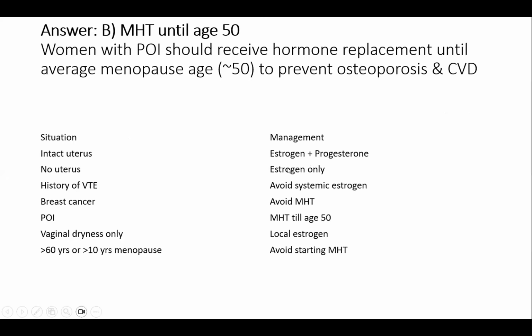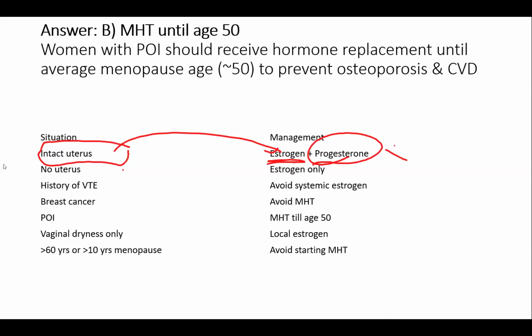If a woman is in menopause or has menopausal symptoms and has an intact uterus, that means hysterectomy is not done, but you have to treat the menopausal symptoms, then you will go with estrogen with progesterone because progesterone will avoid endometrial cancer.